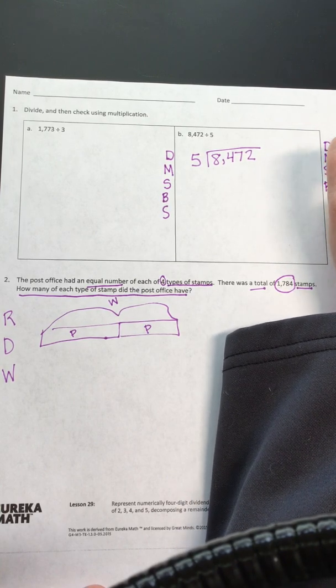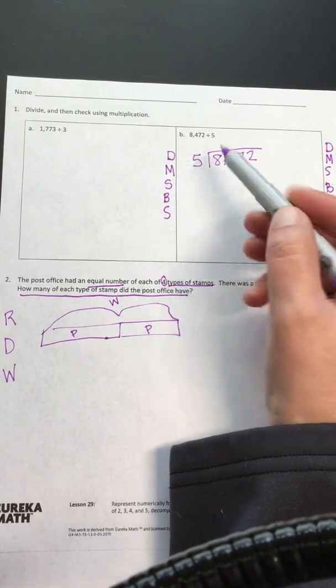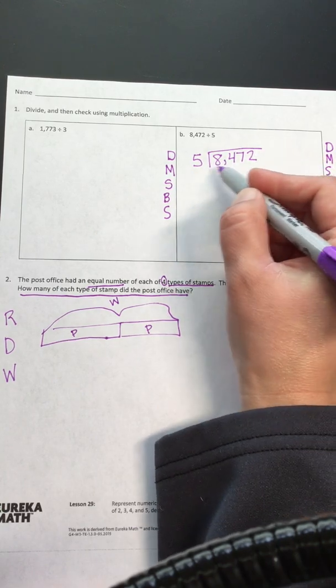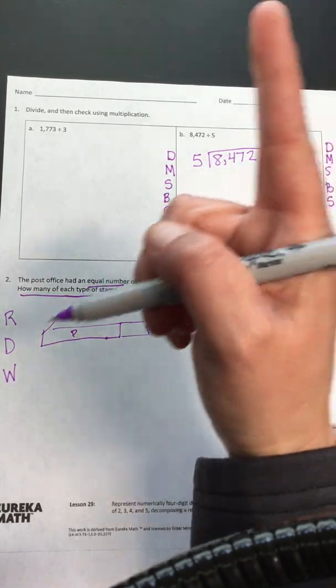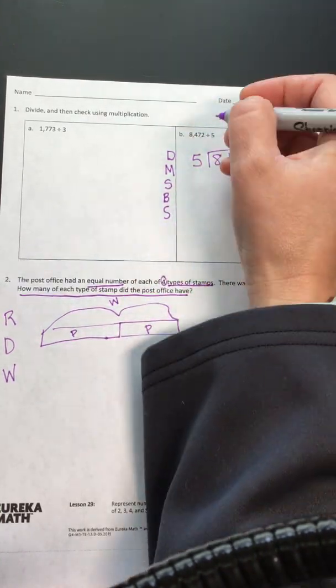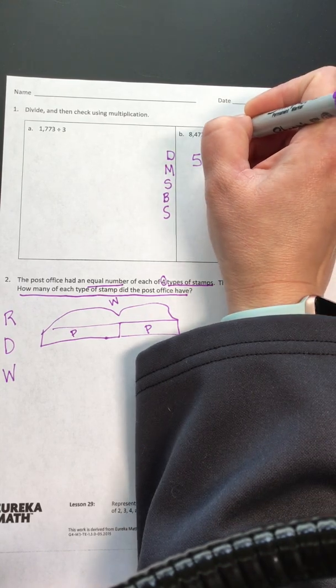Can 5 go into 8? Yes. How many times? Let's count it. 5, 10. It can't go in twice, but it can go in once. So 8 divided by 5, I can go in 1 time.